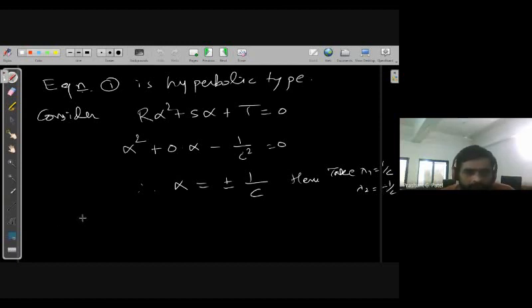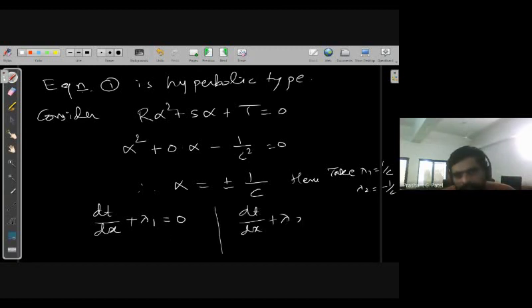So now consider dt by dx, instead of dy by dx, we consider dt by dx plus lambda 1 equal to 0 and dt by dx plus lambda 2 equal to 0.